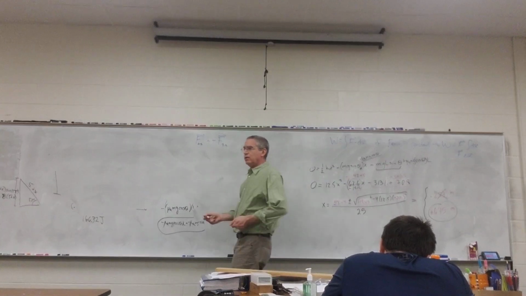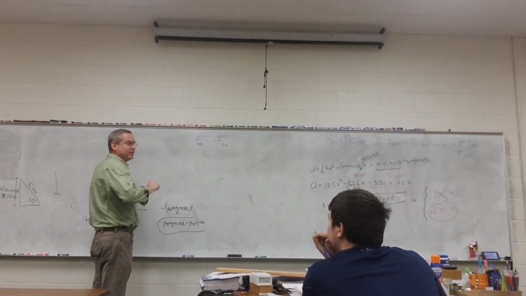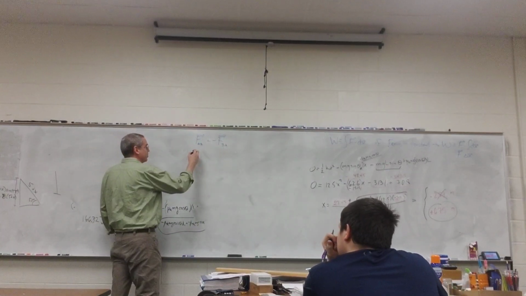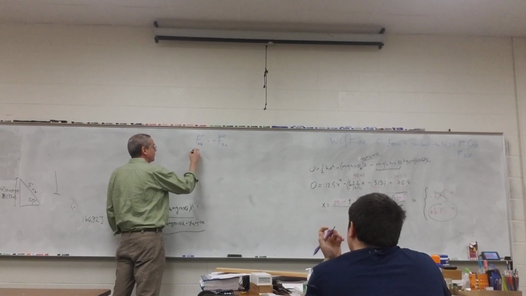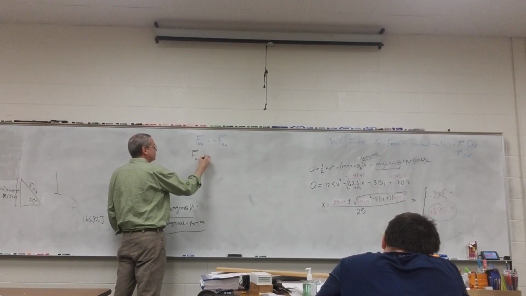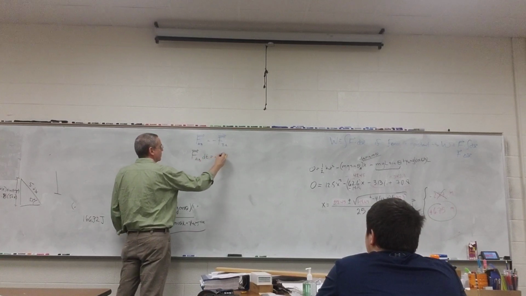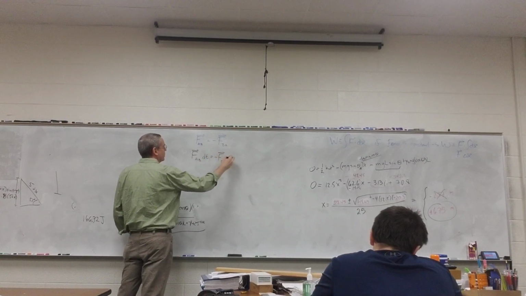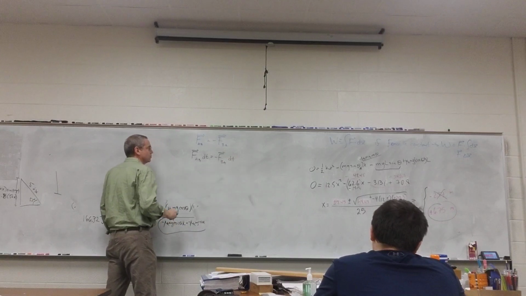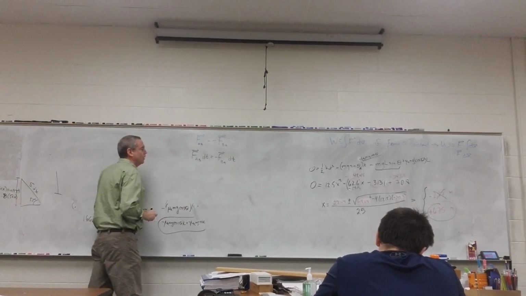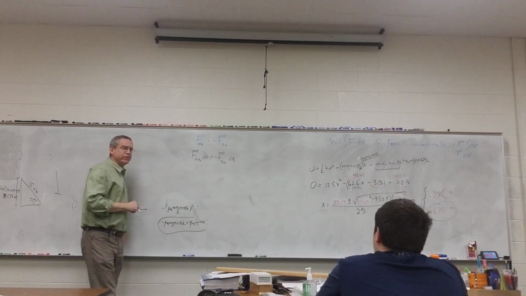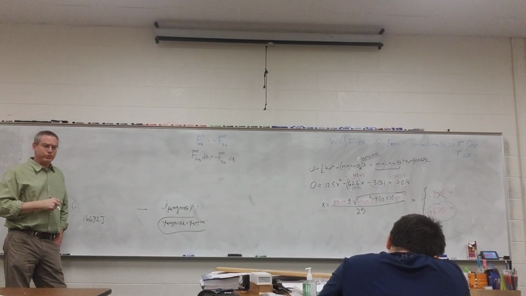New page. The time that they both interact with each other is the same, so I'm going to multiply by the time. We'll make it some infinitesimal amount of time, and then we'll integrate. Newton's second law, what is force equal to?